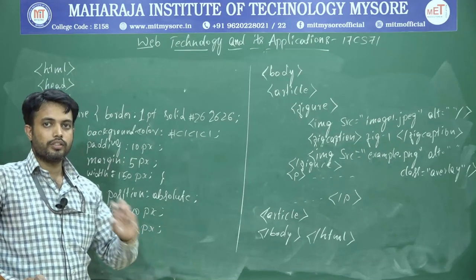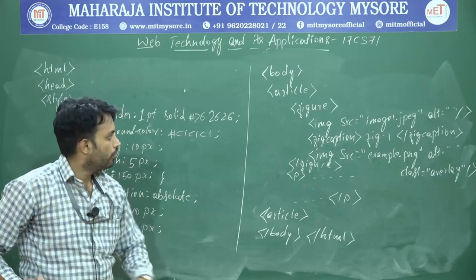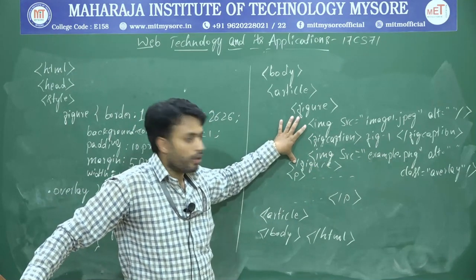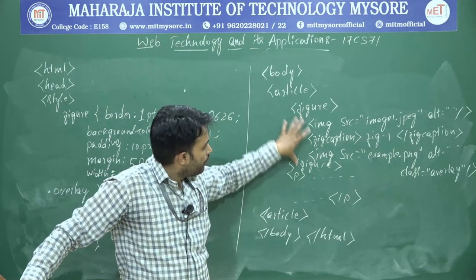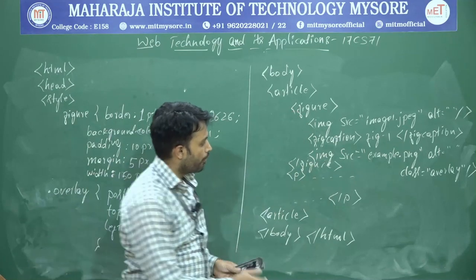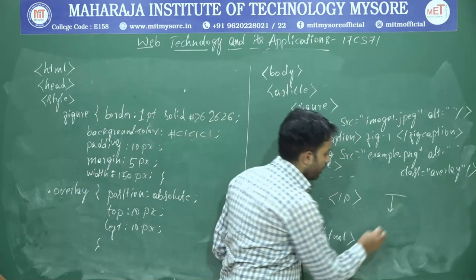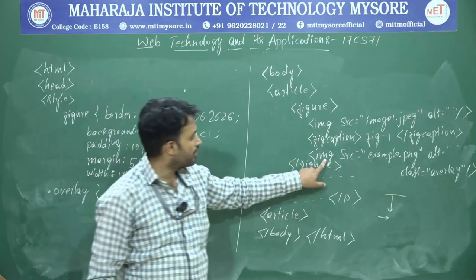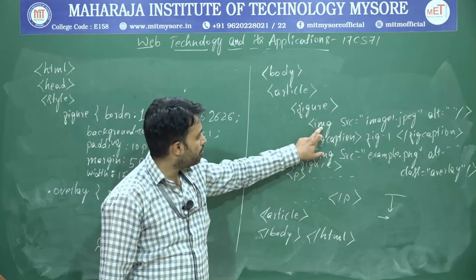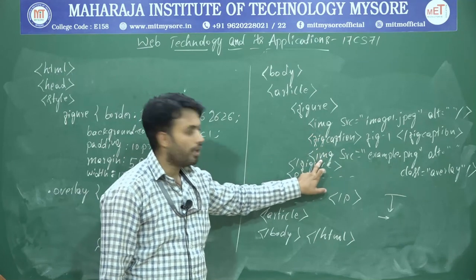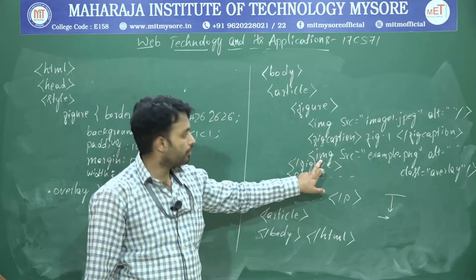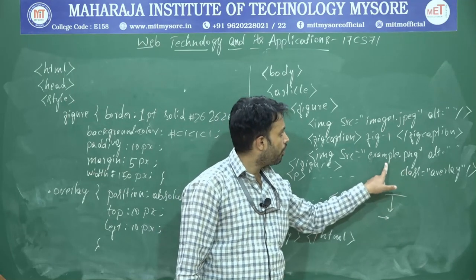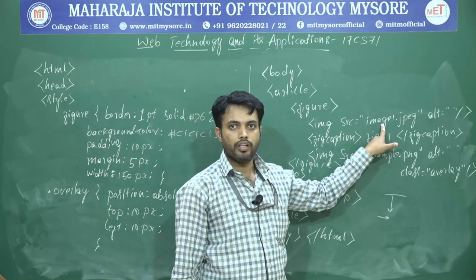So in that position I need to display the second one. That means the first image is overlapped by the second image. Since it's a PNG image, you can see this image on top of image1.jpg.